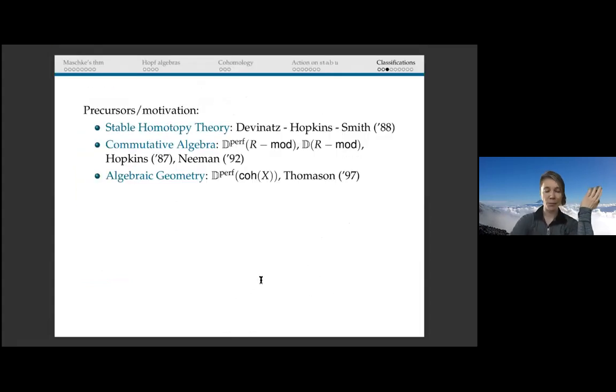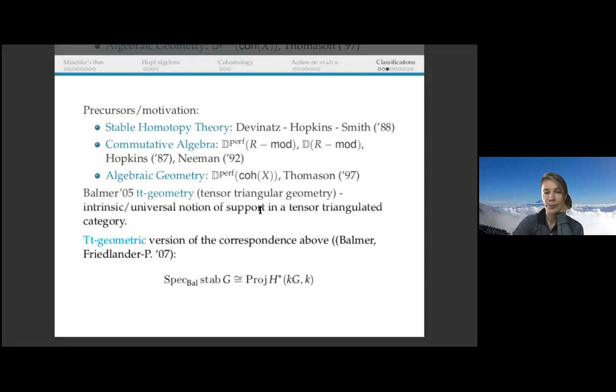Of course, this wasn't built on empty ground. This has lots of precursors, and the motivation comes from stable homotopy theory, where a classification result was established for the stable homotopy category, given by Hopkins and Smith. There are results in commutative algebra by Hopkins and Neeman, and in algebraic geometry by Thomason, which are of the same flavor, but with very different proofs.